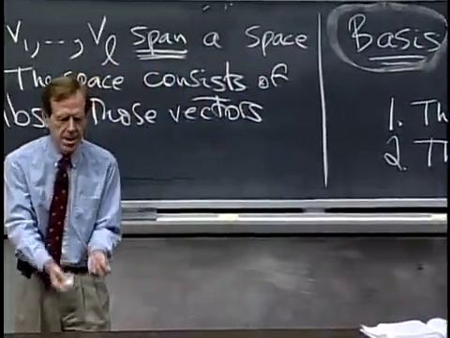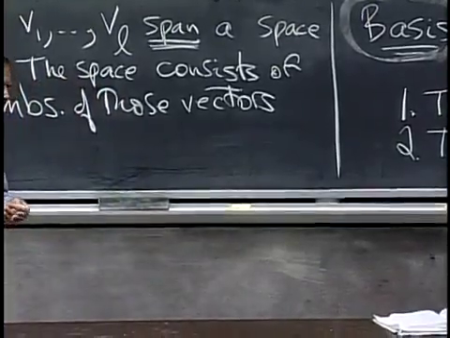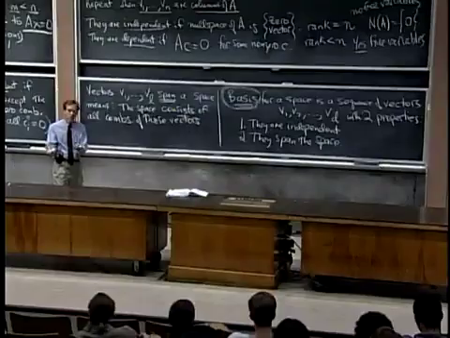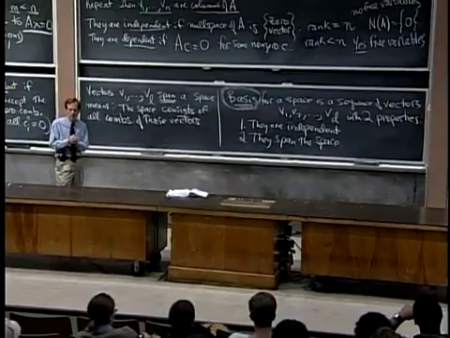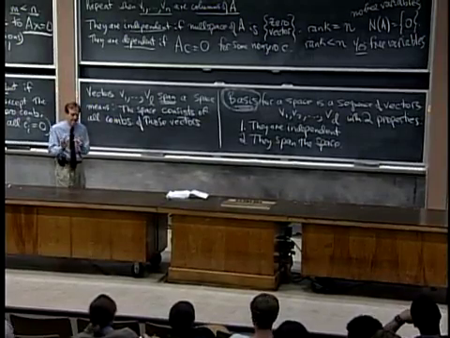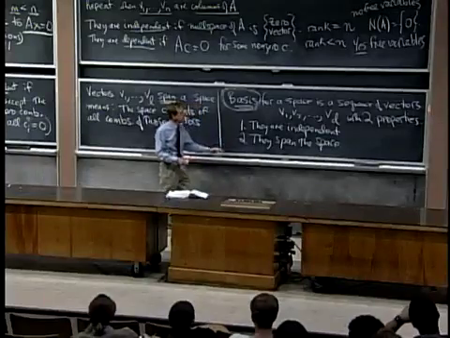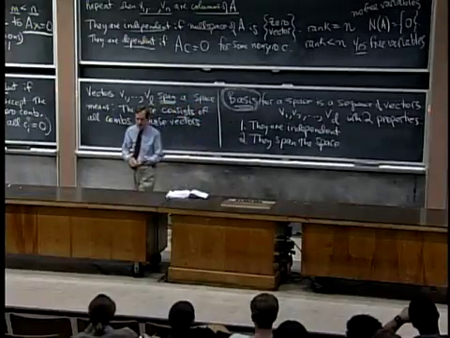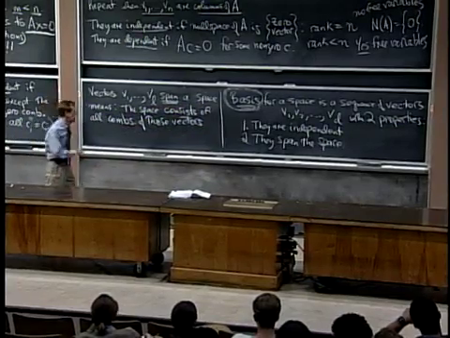I'll always be asking you now for a basis. Whenever I look at a subspace, if you give me a basis for that subspace, you've told me everything I need to know about that subspace. I take their combinations, and I know that I need all the combinations. Okay, examples of a basis.